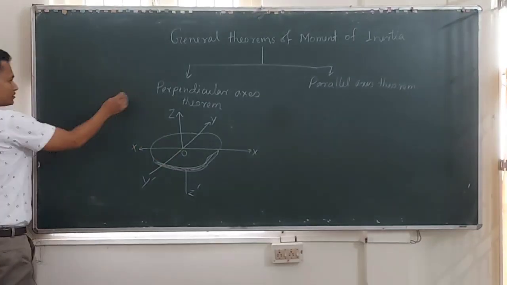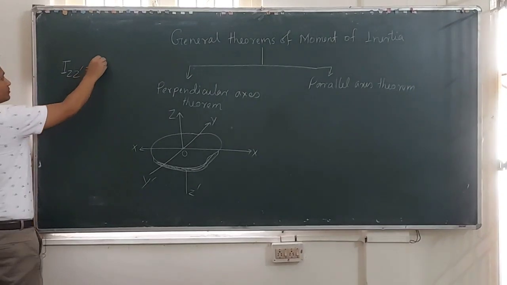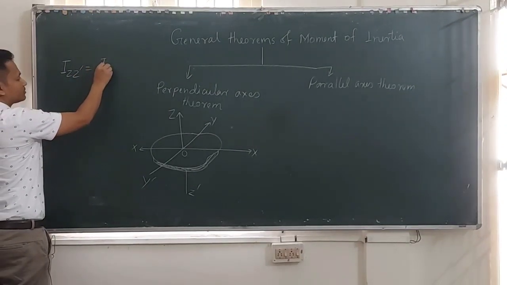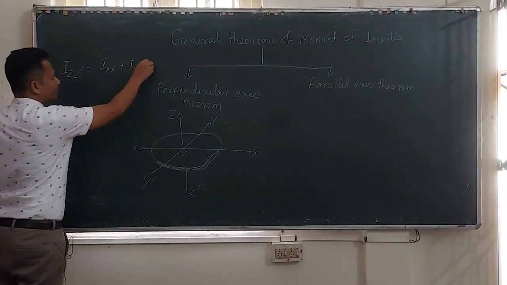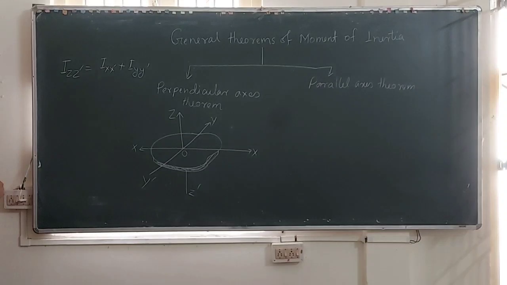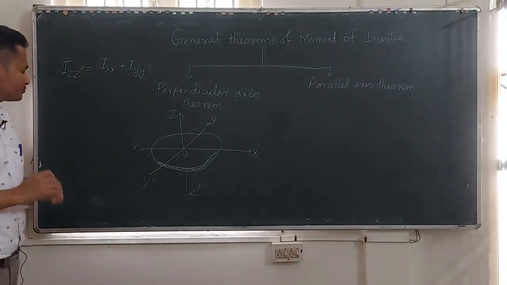Then this theorem says that the moment of inertia about z prime is equal to the sum of the moments of inertia about x prime plus about y prime. This is the theorem. We can also prove it.